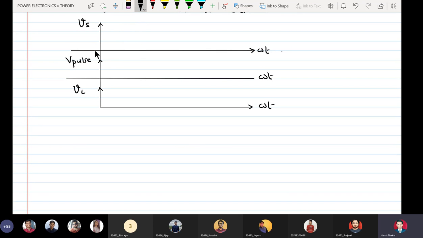So we know that we have instances omega t equal to 0 and then we have pi, 2 pi, 3 pi, so on and so forth. So pi, 2 pi and 3 pi, and then we have alpha and we have pi plus alpha. So these instances are here.